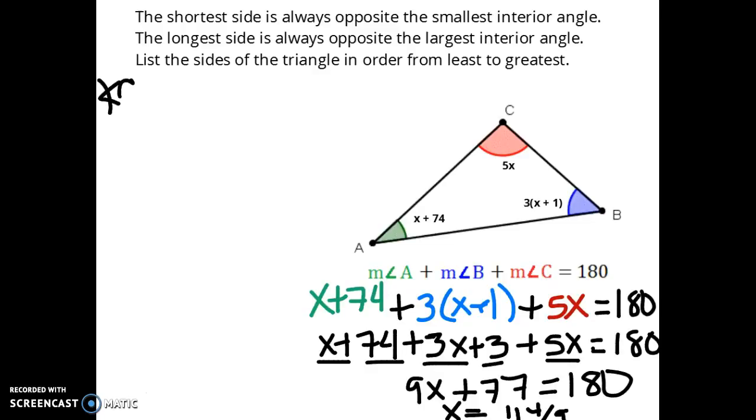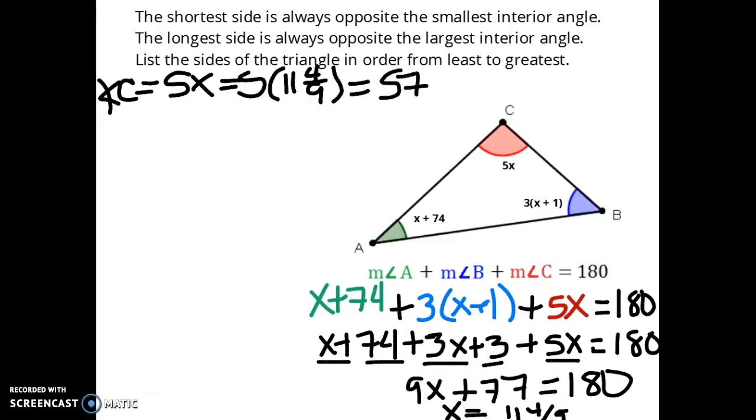So angle C equals 5x, which is 5 times 11 and 4/9, which is, in my handy dandy calculator, 57 and 2/9.